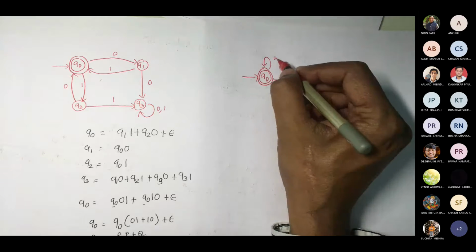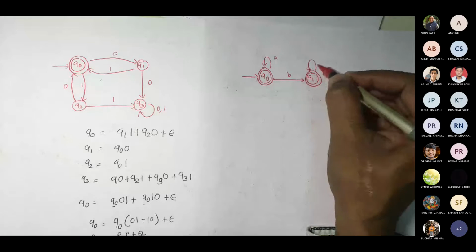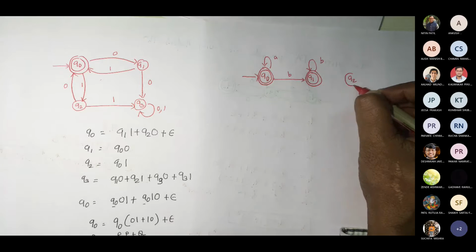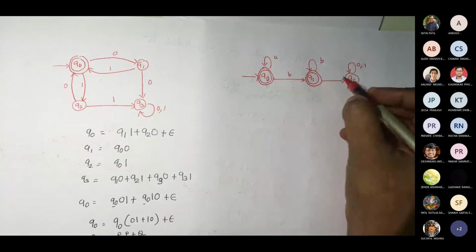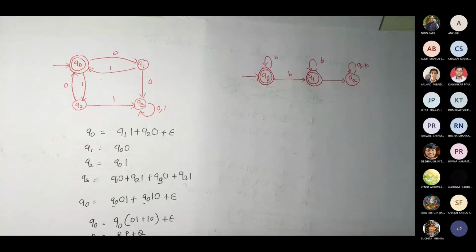So this would be A, this would be B, this would be B. Again, I should have written AB. This case is what? Again, dead state is there.